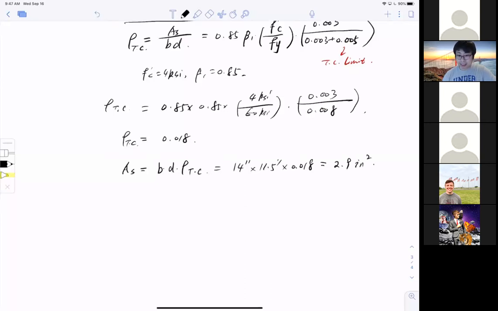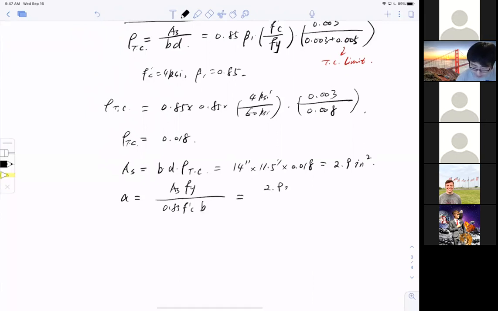Okay, 2.9 inch squared. So a, the effective depth, equals As fy divided by 0.85 f'c b. That is 2.9 inch squared, 60 ksi, divided by 0.85, f'c is 4 ksi, and width is 14 inches.